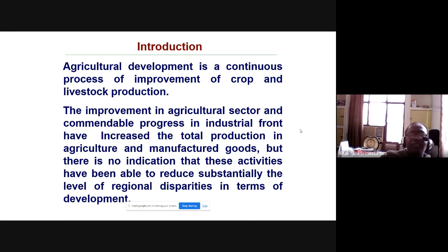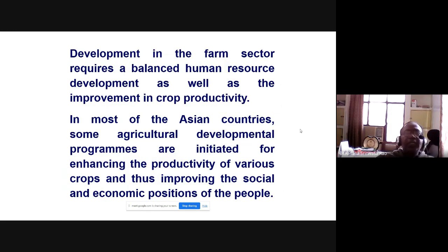The improvement in the agriculture sector and commendable progress on the industrial front have increased total production of agriculture and manufactured goods, but there is no indication that these have substantially reduced regional disparities in development. Development in the farm sector requires balanced human resource development as well as improvement in crop productivity. As I told you earlier, human culture is also growing apart from agriculture development. Agriculture has to substantiate human development also.